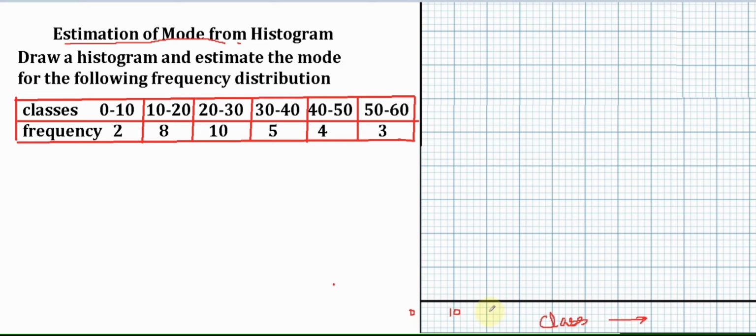Here you have 10, 20, 30, 40, 50 and 60. Now for frequency, you can see we have these frequencies. So let us start. I am taking here 2, 4, 6, 8, 10. If you want you can take the interval of 1 also, it doesn't matter.